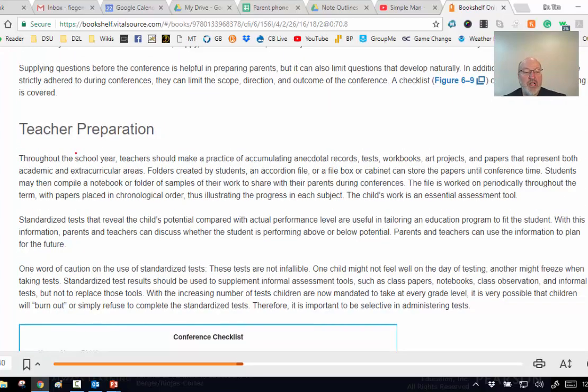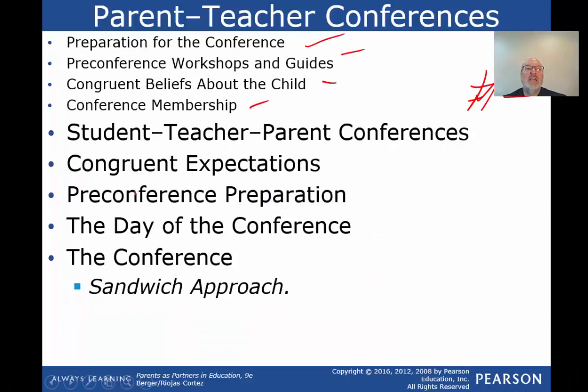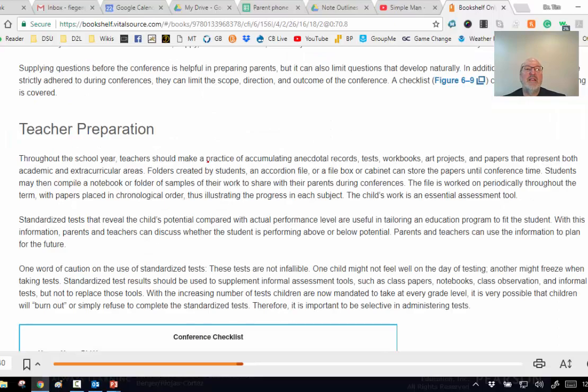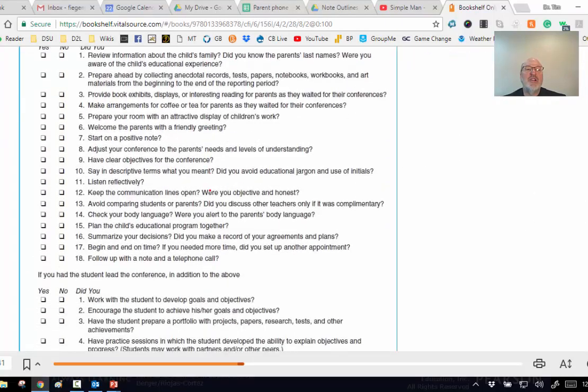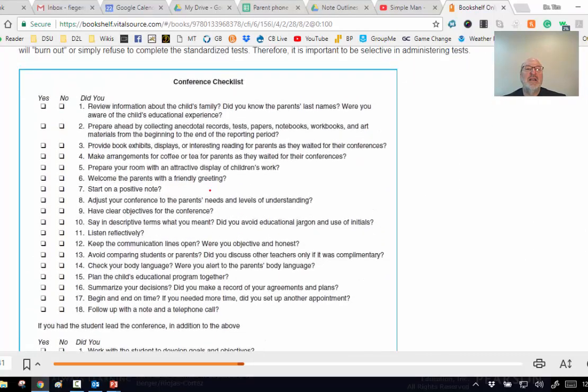And then this teacher preparation, again, we're still on this teacher thing. How about a conference checklist?